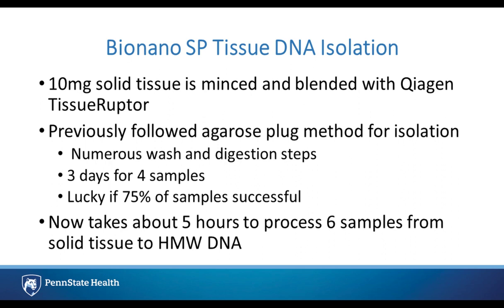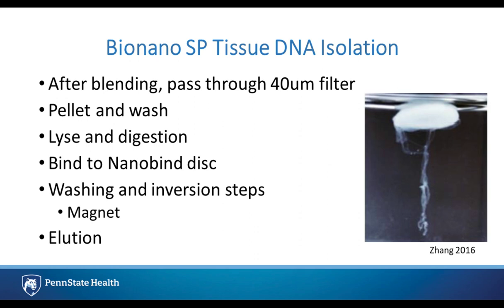Then running them on the machine, I would sometimes get 100x coverage. Sometimes I would get lucky and get closer to 300x, but with this new improved protocol, in about 5 hours, I can process about 6 samples, starting from solid tissue, taking it all the way to ultra high molecular weight DNA, and easily obtain greater than 300x coverage of the genome.